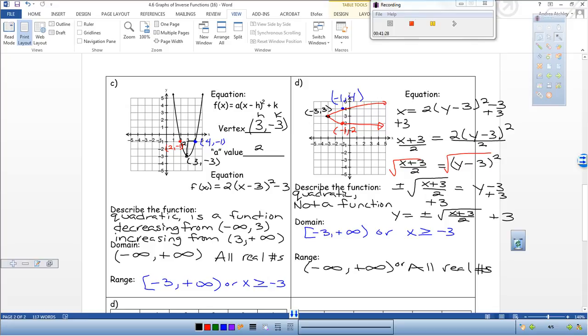Because it's negative to positive infinity, and that's every number in the world, right? Not when it's turned on its side. Okay. Any other questions?